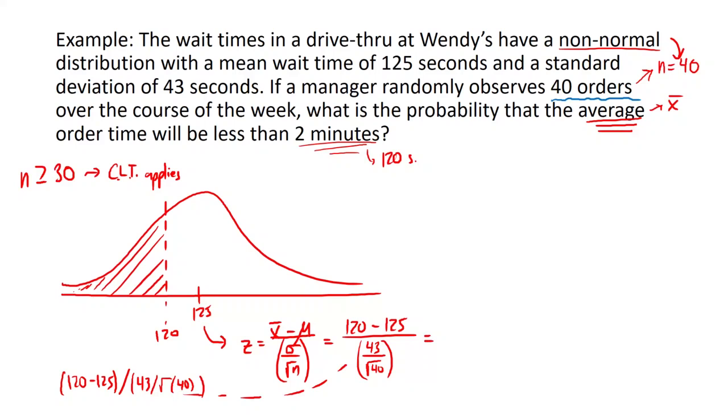So what does that z-score come out to be? Negative 0.74. Anybody else get that, or something similar or different? That sounds right to me, or reasonable. Somebody else want to calculate that z-score for me?